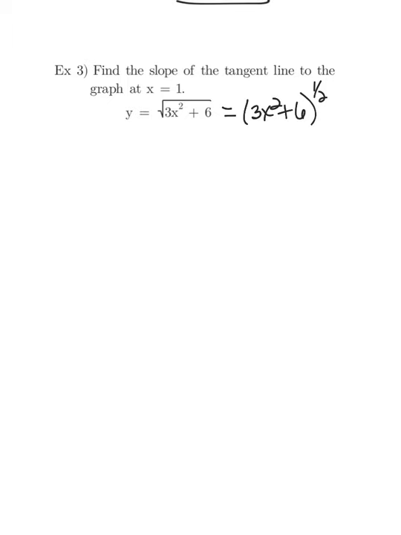Now we can do the derivative. So I'm going to write dy/dx just to get you used to that new way of writing derivative. Drop the power to the front. Inside stays the same, 3x squared plus 6. 1/2 minus 1 equals negative 1/2.